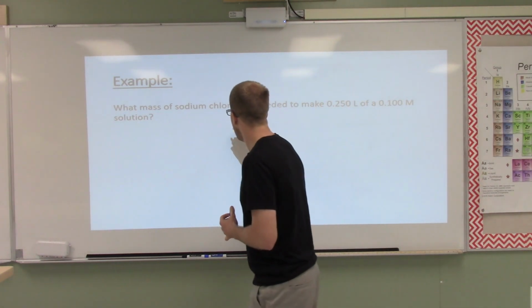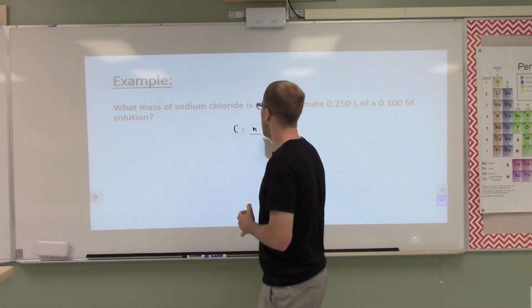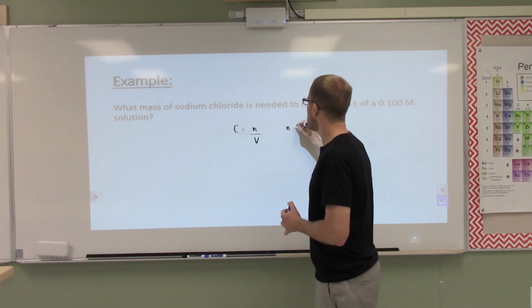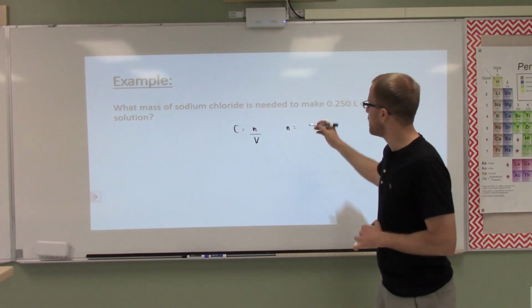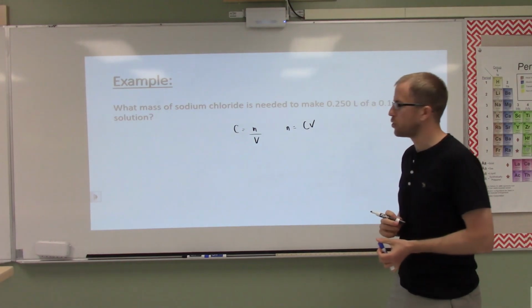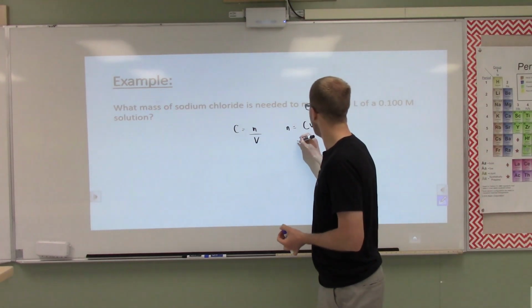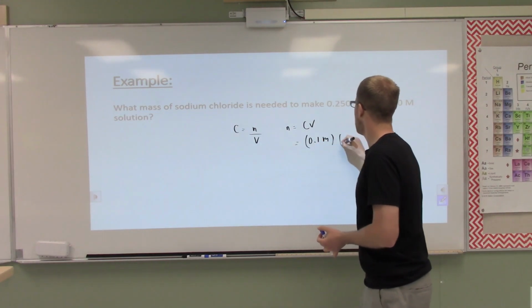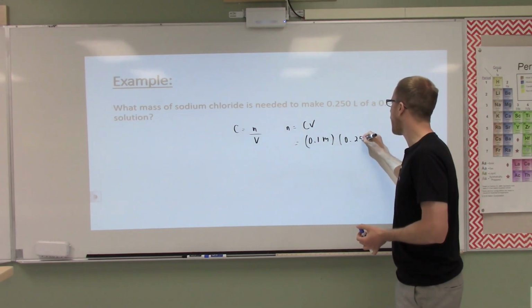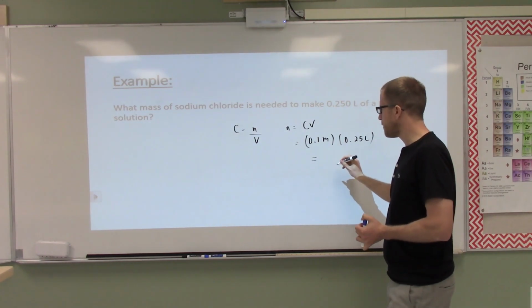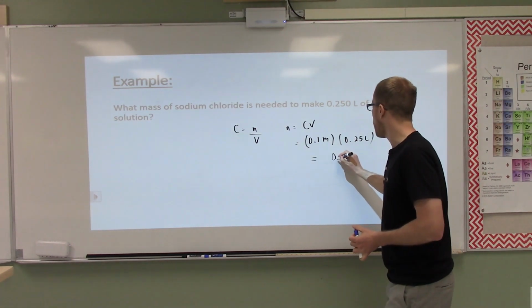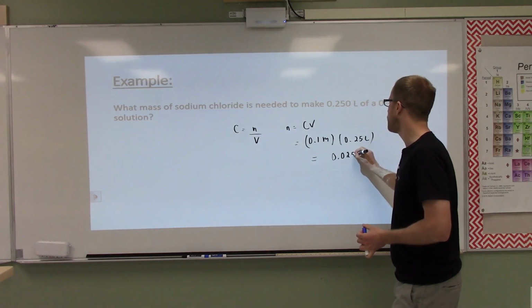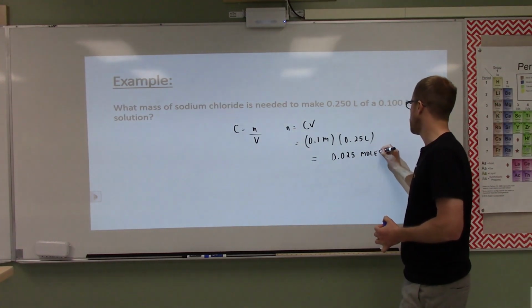So again, if our concentration is our moles over our volume, in order to figure out the number of moles that we need, we must multiply concentration times volume. This is going to be 0.1 molar times 0.25 liters, which gives us a mole value of 0.025 moles.